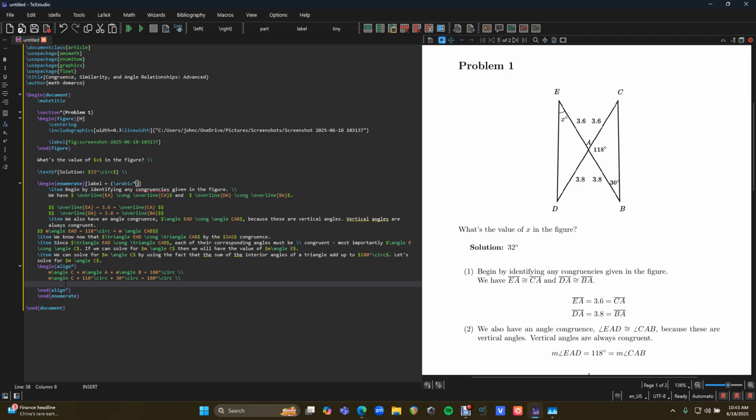Then we'll just add 118 and 30, so we get 148° is equal to 180°. Then we'll subtract 148 on both sides, the way they usually do it: minus that, minus that.